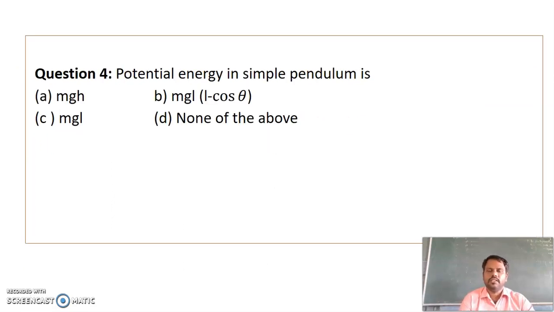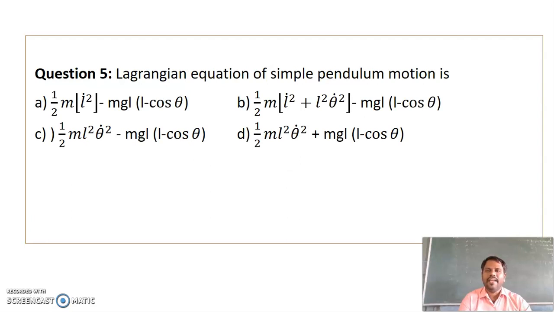Potential energy in a simple pendulum is given by, as we have seen, mgL into 1 minus cos theta. So the option is B. Question number 5. The Lagrangian of a simple pendulum motion is given by half m L square theta dot square minus mgL into 1 minus cos theta.